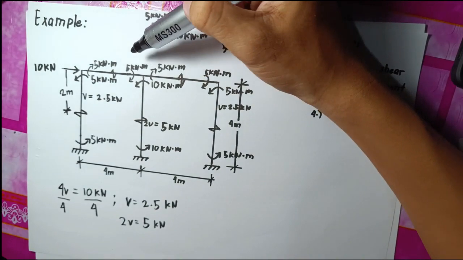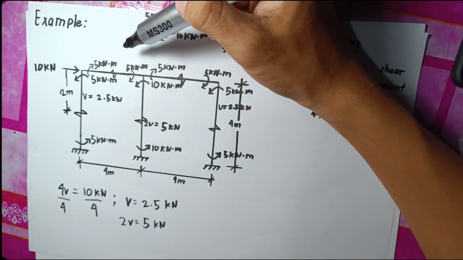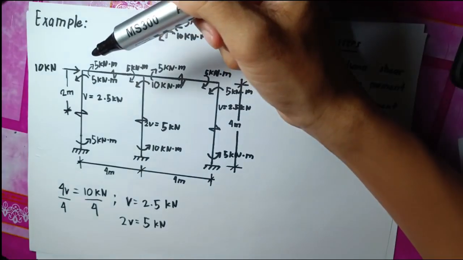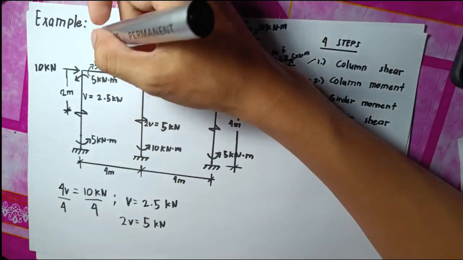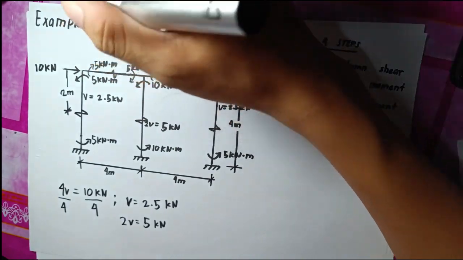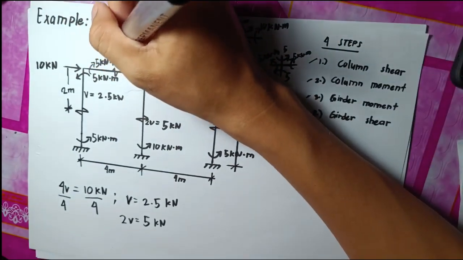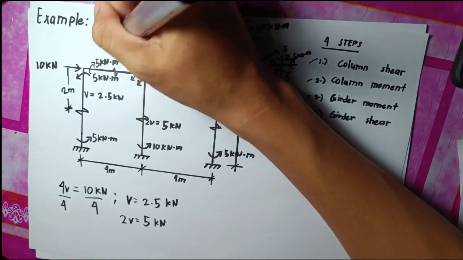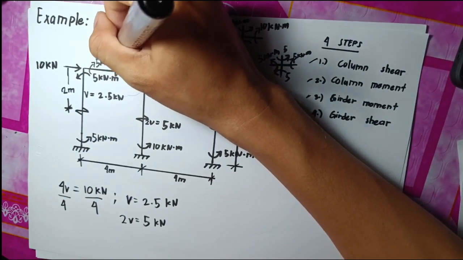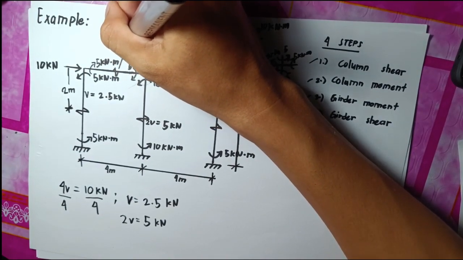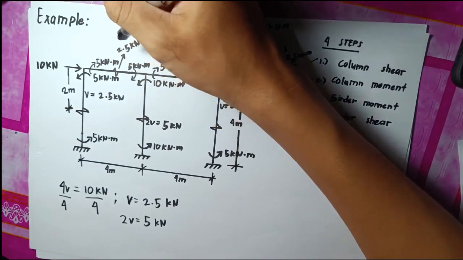So 5 plus 5 equals 10, 10 divided by 4 equals 2.5 kilonewton.